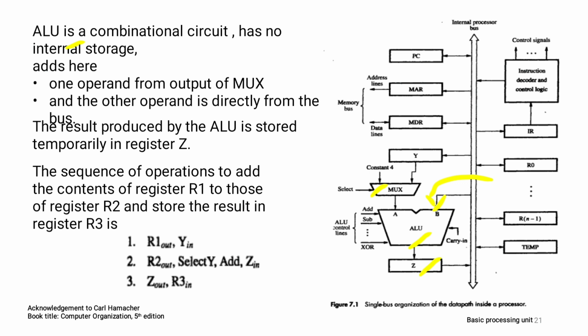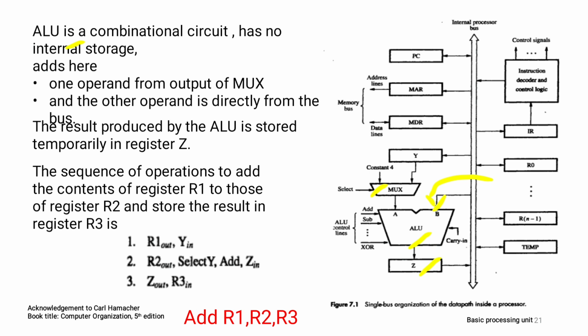The sequence of operations to add the contents of register R1 to that of register R2 and store the result in register R3. Meaning the instruction given is add R1, R2, R3. Add means do the addition. R1, R2 means R1 and R2 are added by the processor.